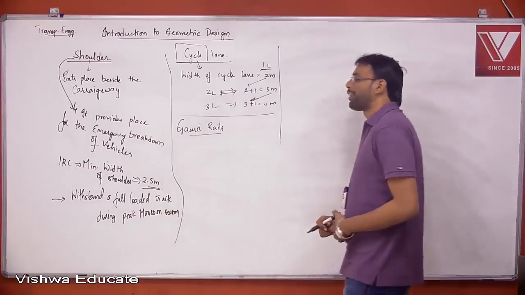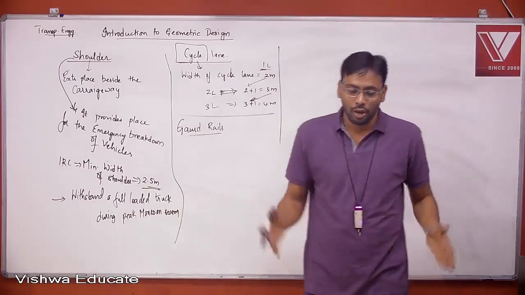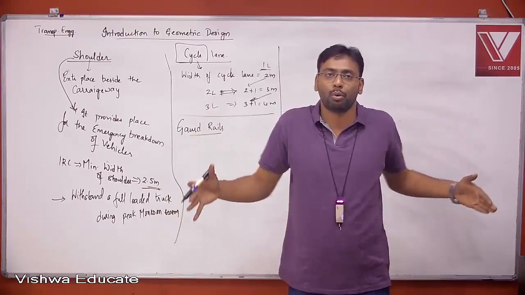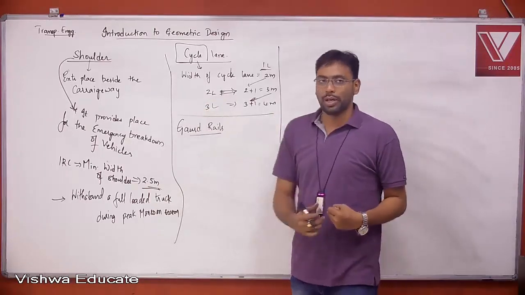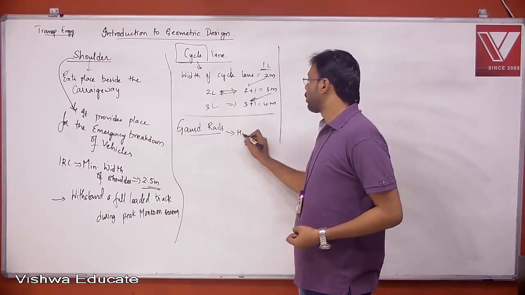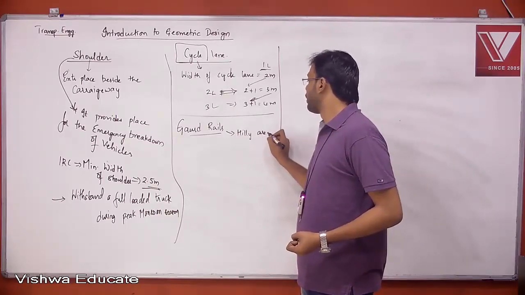These guardrails are nothing but the safety barricades that we provide along the sides of the road. Where should we provide these? Obviously in the hilly areas, towards the valley side.